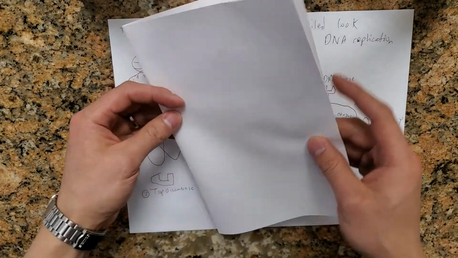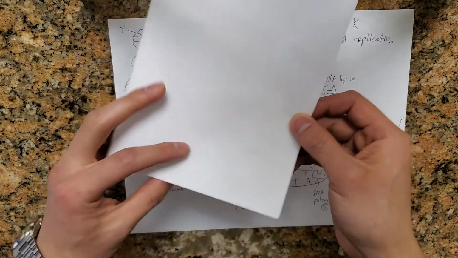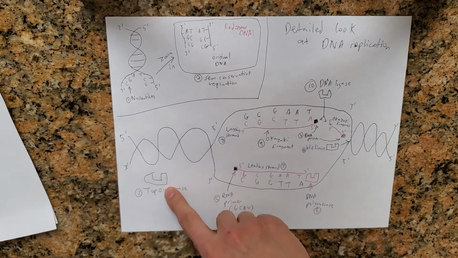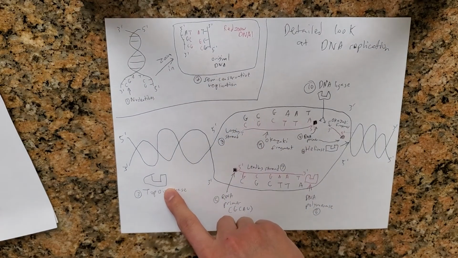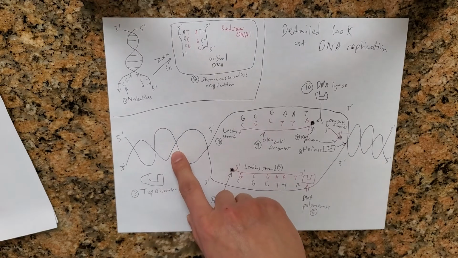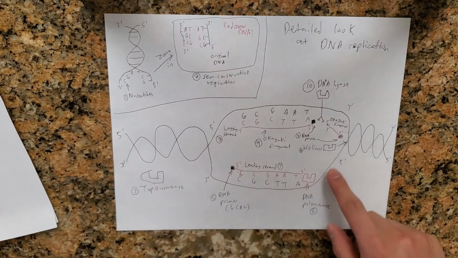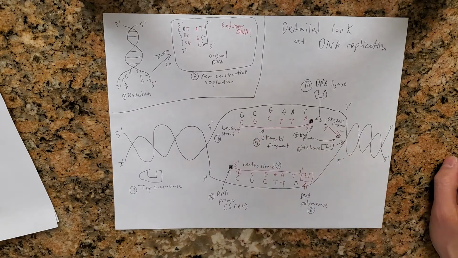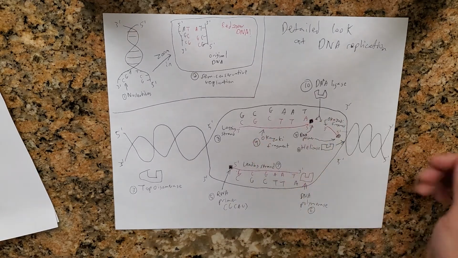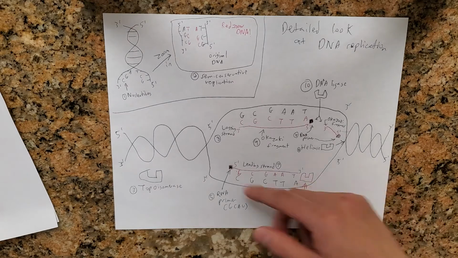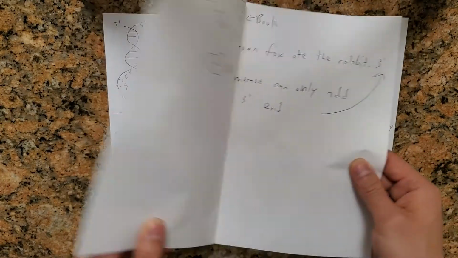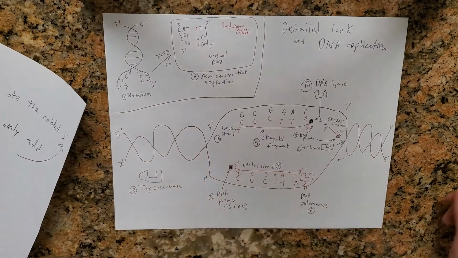Now that DNA is uncoiled, you actually have to be able to separate it in order to read the instructions on the inside. So how do we separate the DNA? Topoisomerase unwinds the DNA, but we have helicase, which is another enzyme. Helicase helps open up the DNA. And so once it's opened up, now we can get to the instructions, right? Just like this, once we open it up, we can get the instructions.